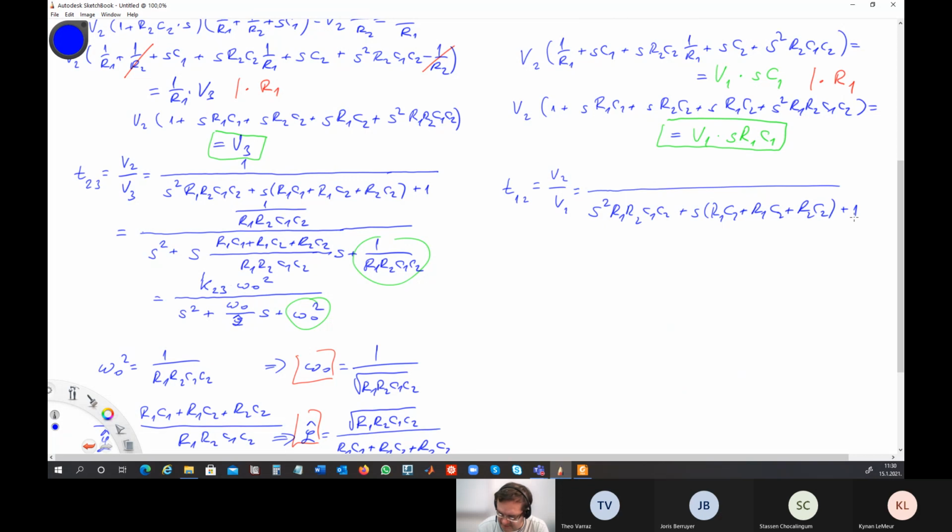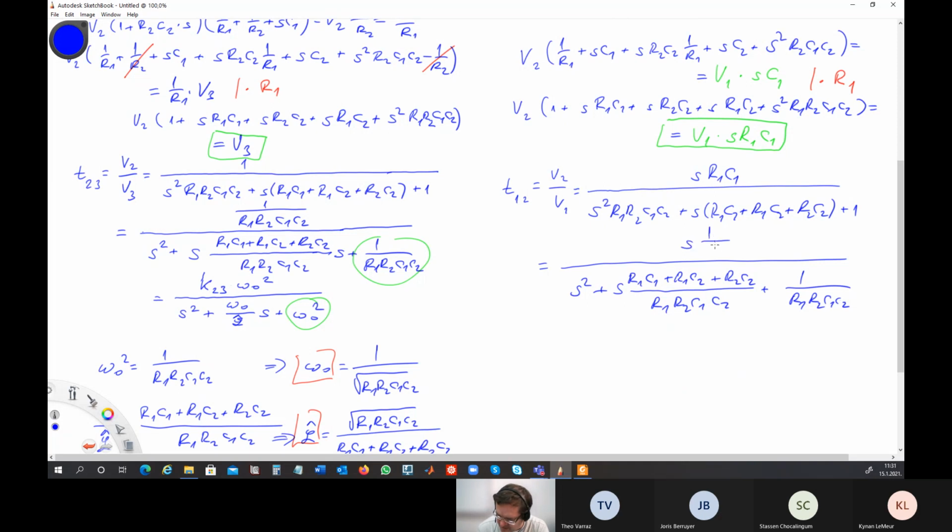And here we have S R1 C1, or we can write it in the form S square plus S (1 over R1 C1, 1 over R1 C2, 1 over R2 C2) plus 1 over R1 R2 C1 C2, and in the numerator S over R2 C2.